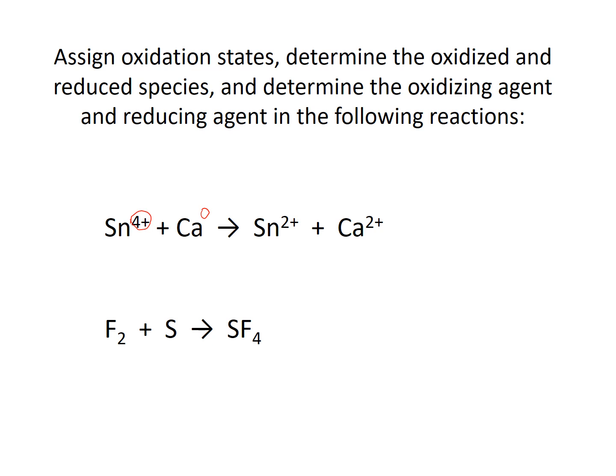And on the other side, the oxidation number is the same as the charge, so it's +2 for both. Tin goes from +4 to +2, the oxidation number is reduced, so we're talking about a reduction here. And whichever one is reduced is the oxidizing agent.